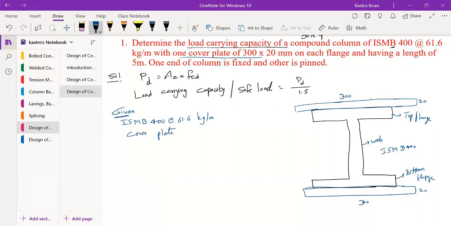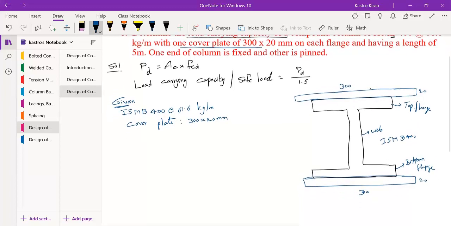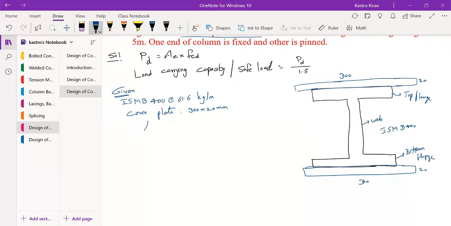You are also given the length of the column, that is length equals 5 meters, and the end conditions of the column. The end condition is one end of the column is fixed and the other end is pinned. That we will take care of in the next part.